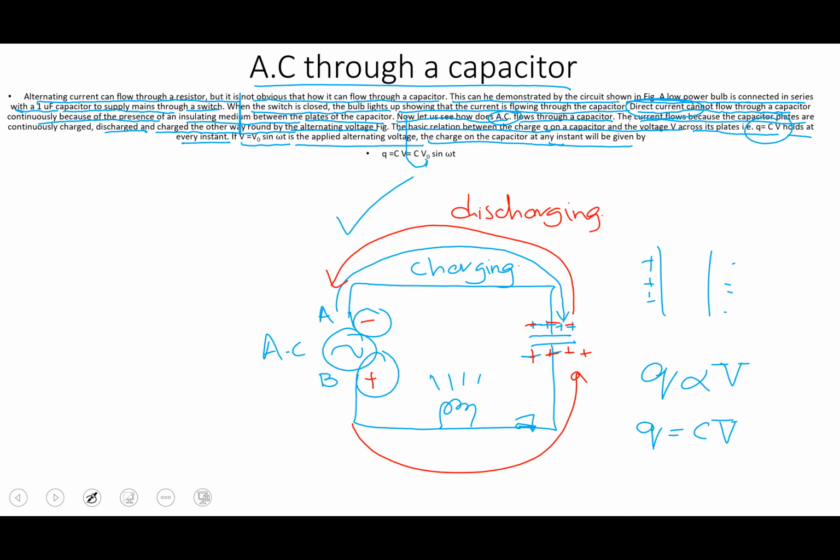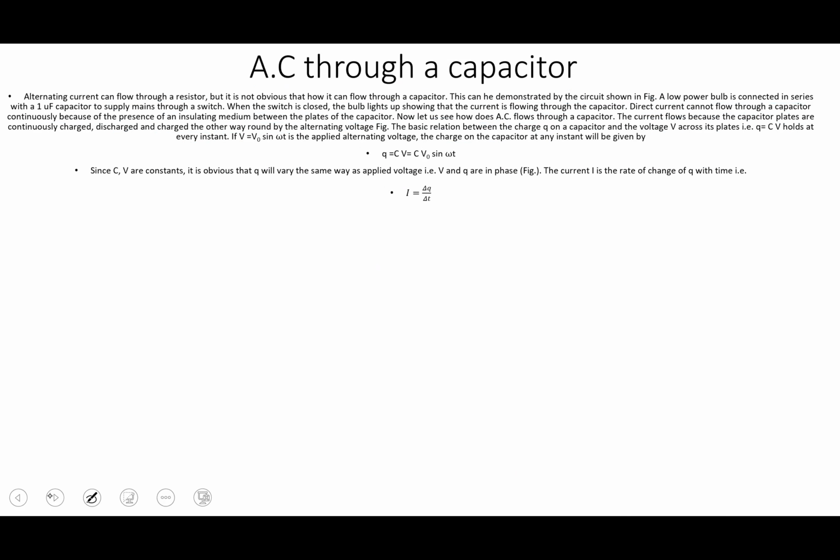But what about current? For this, first of all, since C is constant and V0 is also constant, it is obvious that Q varies in the same way as the voltage. We can say V and Q are in phase. The current in this case is the rate of change of charge with time.